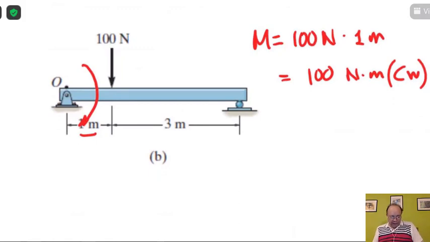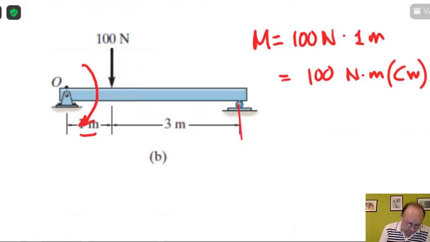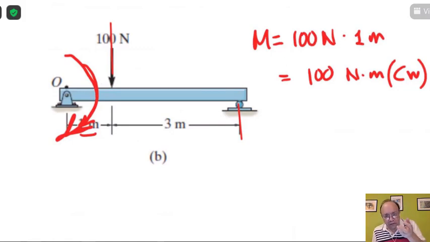Even though here the beam is not going to rotate because there is a support here that doesn't allow the beam to rotate like this, right? Even though that is not going to happen, there is still the notion of the force going in this direction producing a rotation in this direction like that. So it doesn't matter if the rotation is actually produced, the moment has this effect of rotation no matter what, depending on the location of the point and the location of the force.